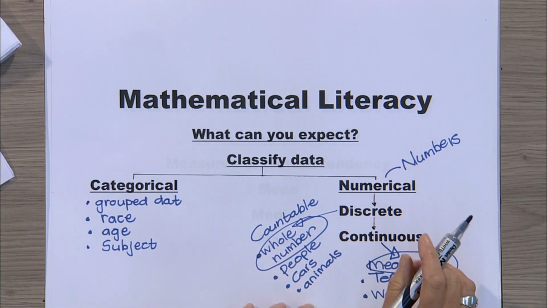So before we step off here, I just want to classify again that we can classify data into categorical data and into numerical data. Categorical is where we divide them into different categories. They are grouped, and they don't present themselves in numbers.